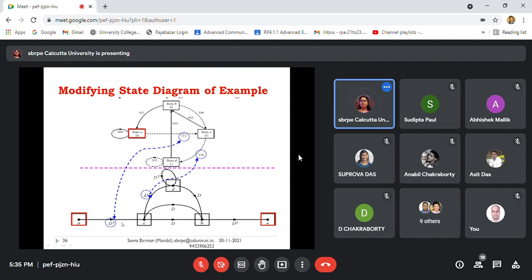This path is A to C, C to D, D to B and B to A. And for the other path, A to C, C to B, B to A, it is d to the power 6. So obviously the branch gain for this path is less compared to the upper path.